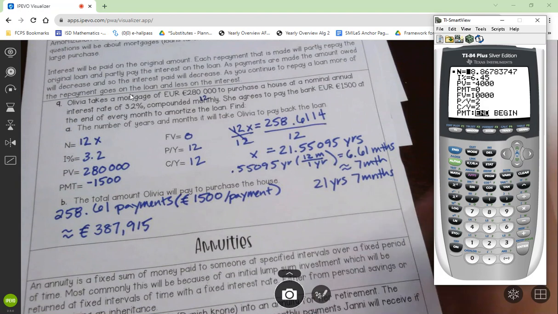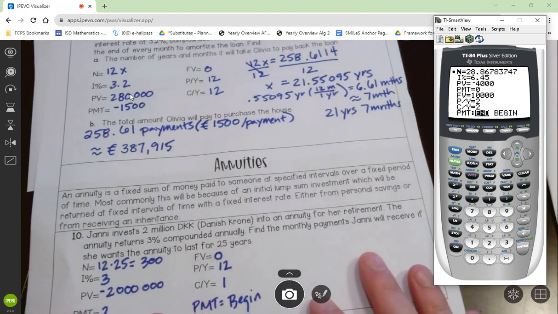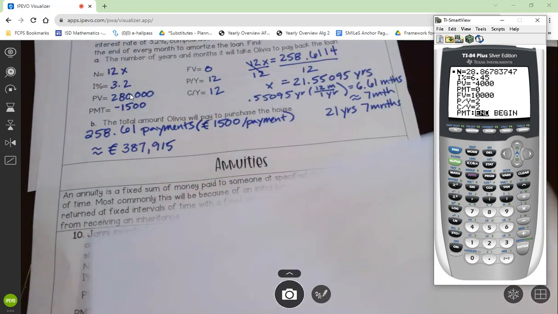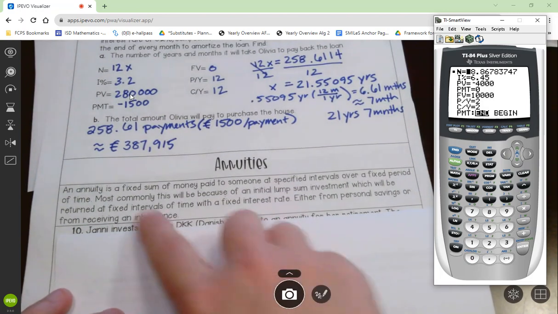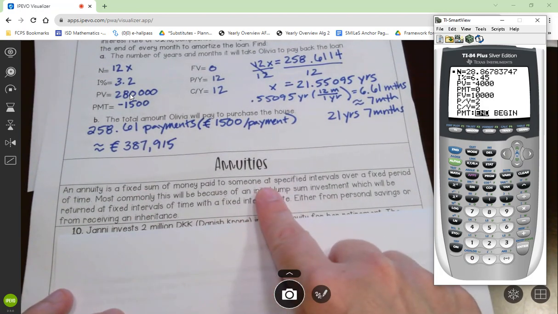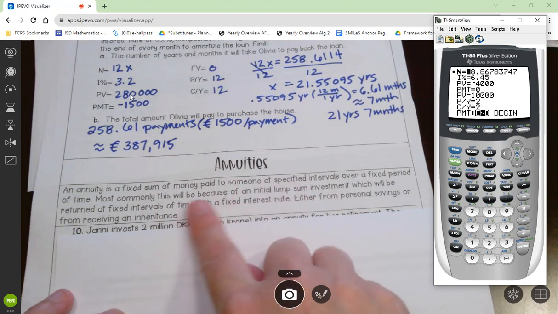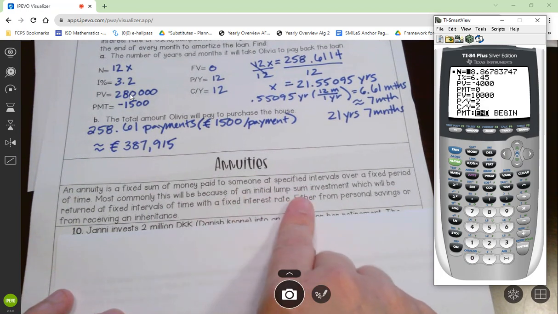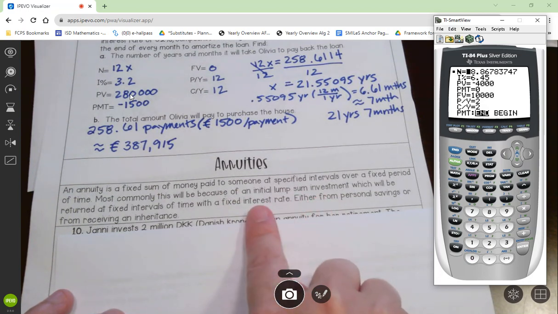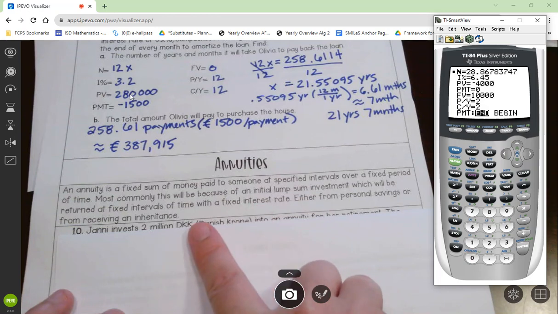All right, let's look at annuities. So an annuity is a fixed sum of money paid to someone at specific intervals over a fixed period of time. Most commonly, this is because of an initial lump sum investment which will be returned at fixed intervals of time with a fixed interest rate, either from personal savings or from receiving an inheritance.